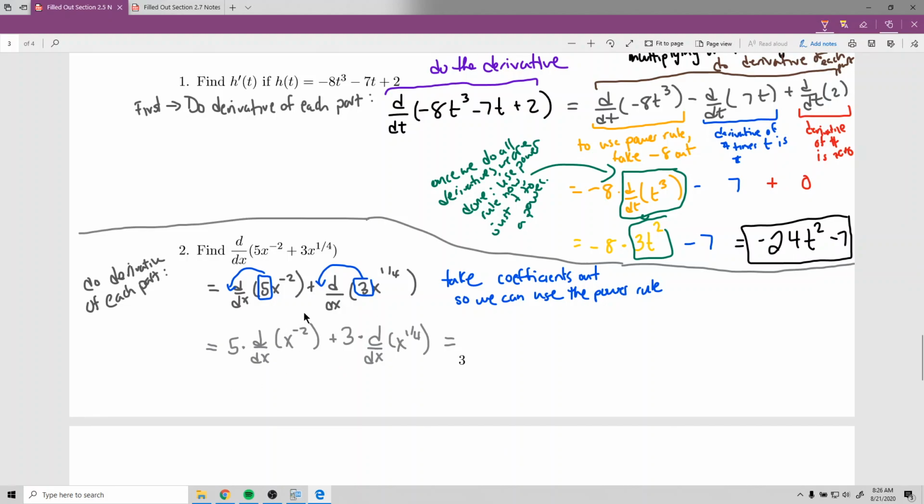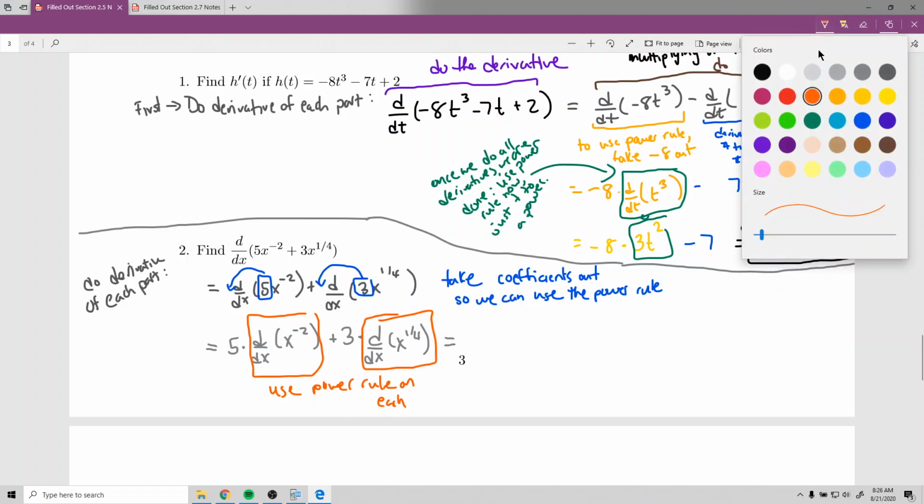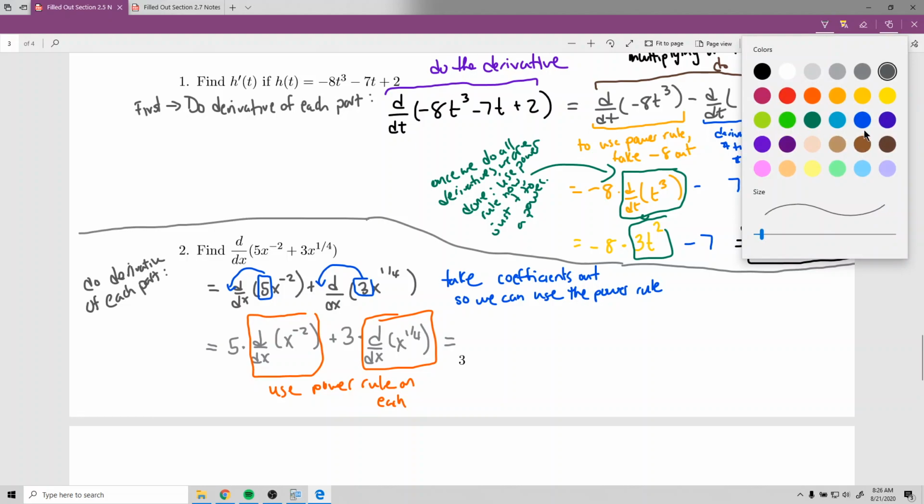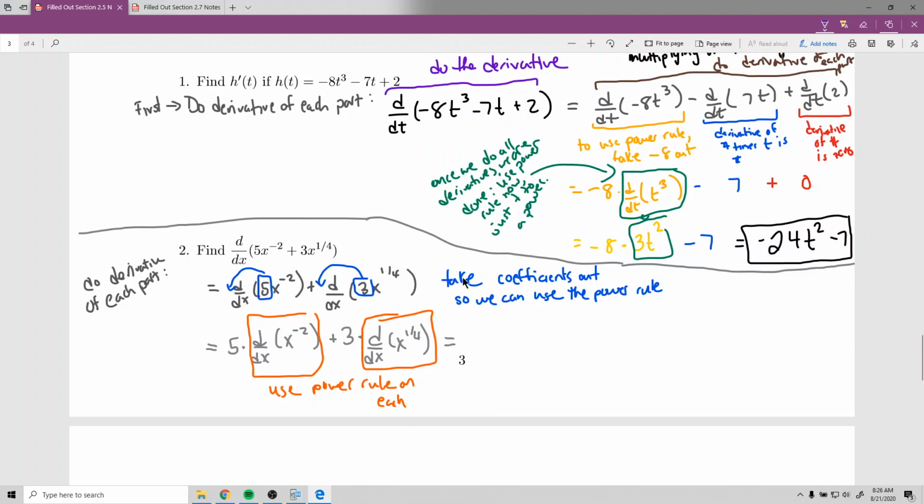And now on each one of these, we can use the power rule because they're both x raised to a power, no numbers in front to deal with, no additions or subtractions. All right, and you'll notice a pattern here. Pretty much whenever you have to use the power rule, it's really going to be almost the last rule you're going to use in a problem.